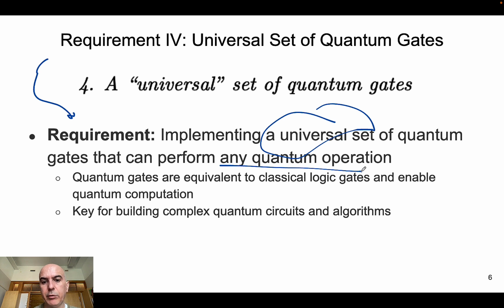Quantum gates are equivalent to classical logical gates, and we will see that they enable quantum computation. So to have this set of gates that abstract the physical operation is key for building complex quantum circuits, applications and algorithms.